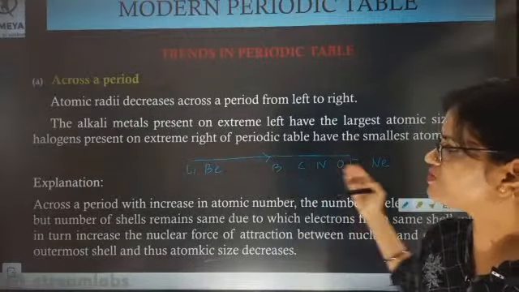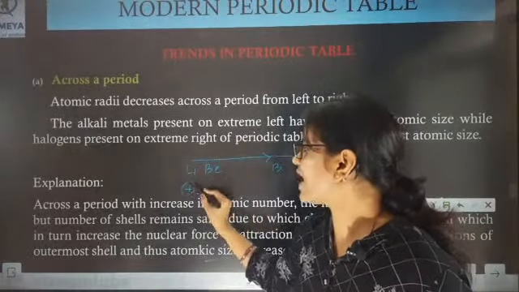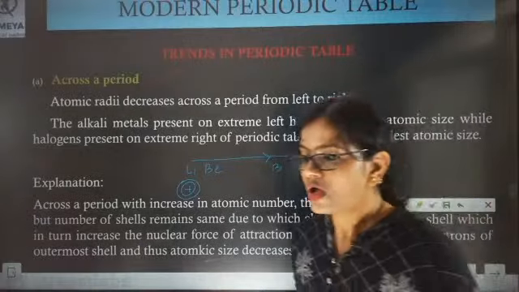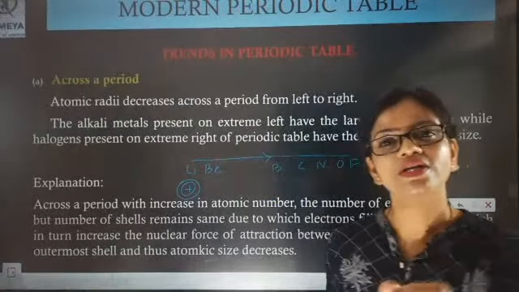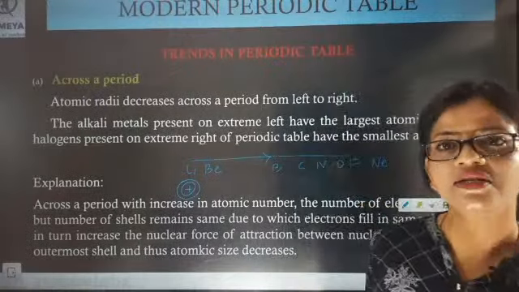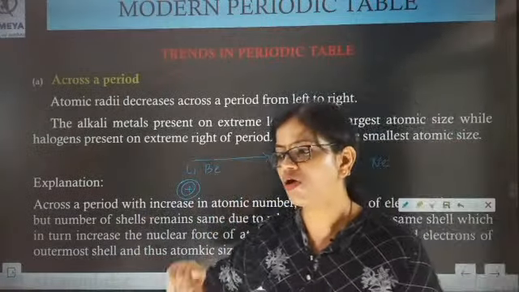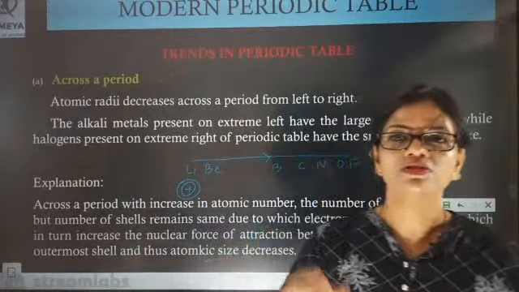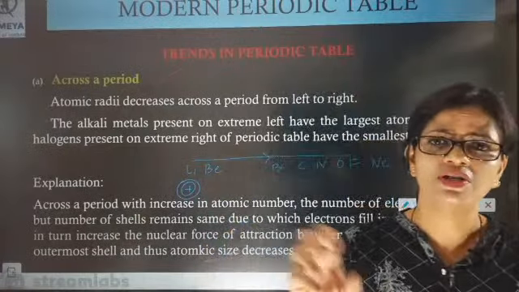On going from this part, we have seen one thing, that the structure of the atom keeps on getting smaller. Why does the structure of the atom keep on getting smaller? What is the reason behind it? The reason is, in the same orbit the electrons keep on getting filled up.